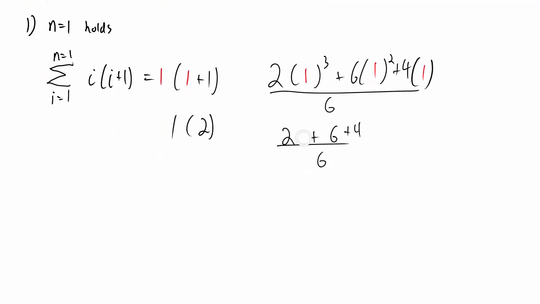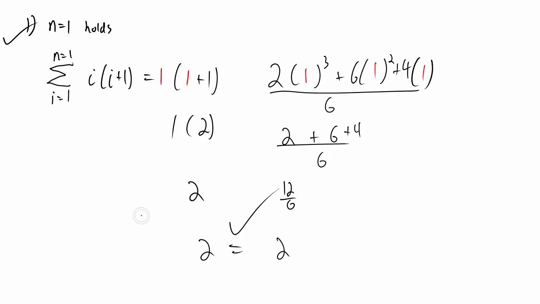This one is (2 plus 6 plus 4) over 6, because 1 cubed, 1 squared, and 1 are all 1. Then this right side simplifies to 12 over 6, and 12 over 6 happens to be 2. And this is also 2. Since those are equal to each other, check. So n equals 1 holds, and we've done our basis step.